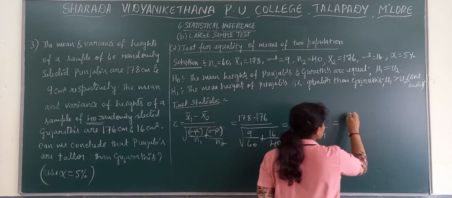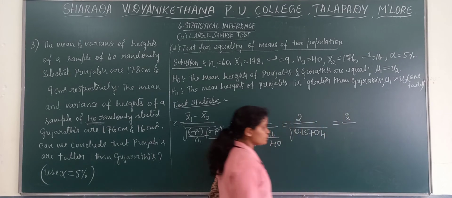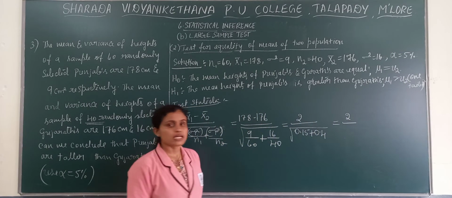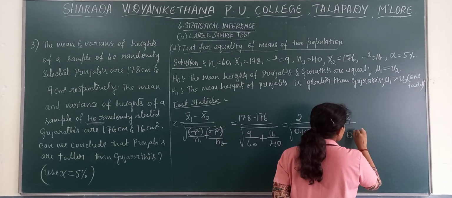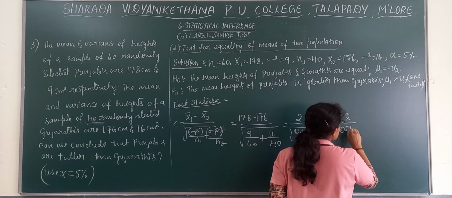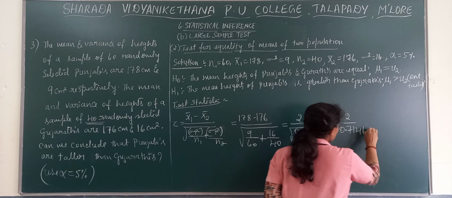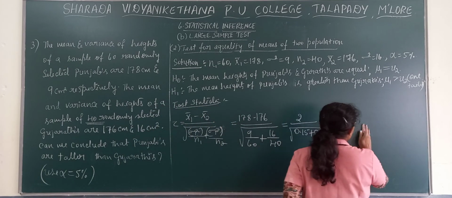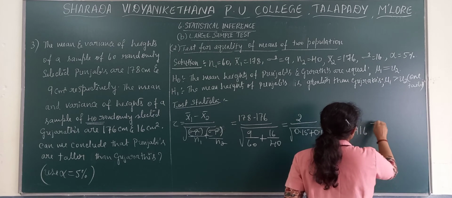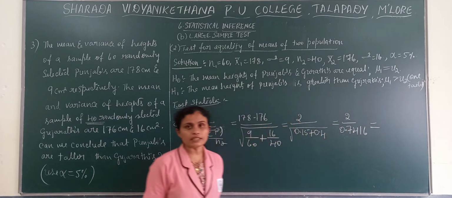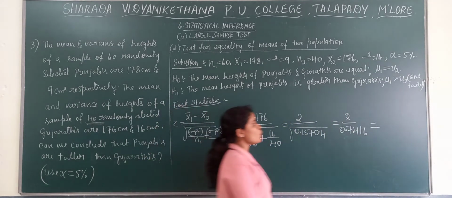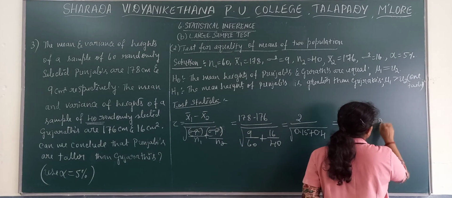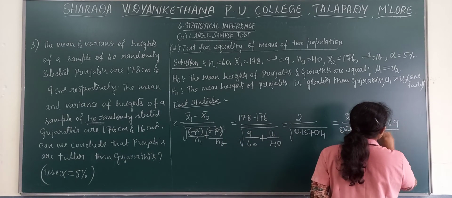There we get the value as 2 by 0.7416. So at the end we get the final answer as 2.69. So this is the calculated value.